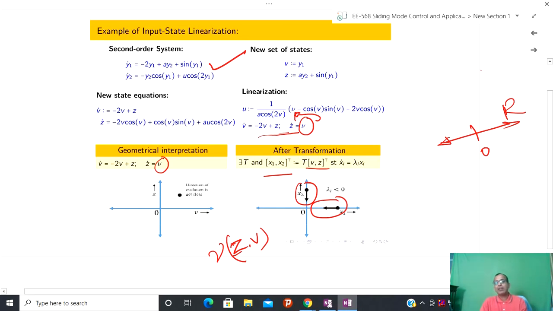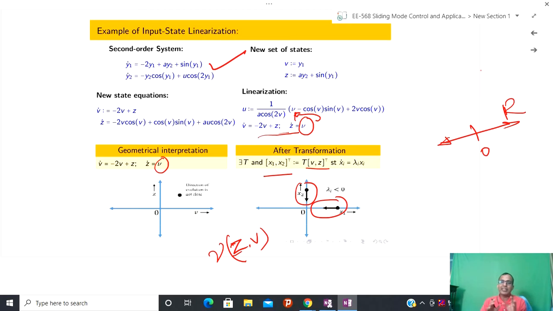Okay, if you do not have confusion, then now I am going to conclude today's lecture. What we have seen in today's lecture is that I have some class of system. I am not going to claim that it is all classes of system.